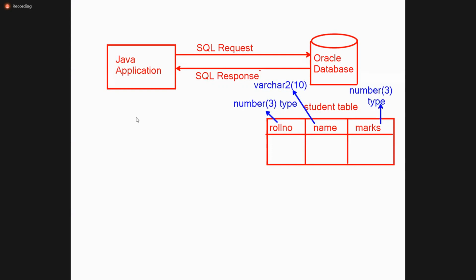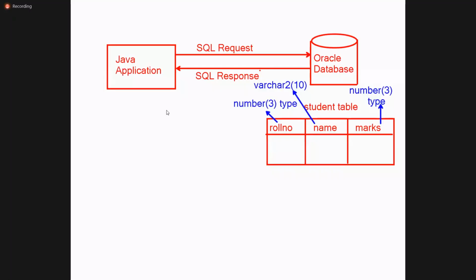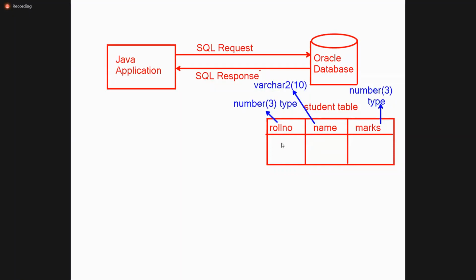Now, with the Java program, I want to insert a record. Yesterday through the Java application, I sent one create query. Then the table was created with these 3 fields, with these 3 data types. Now through the Java application, I want to insert a record.